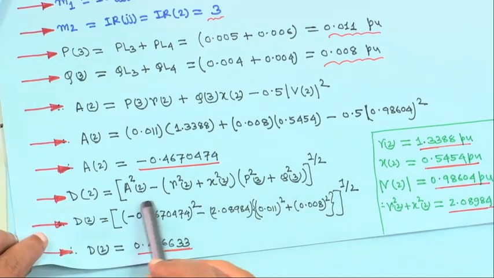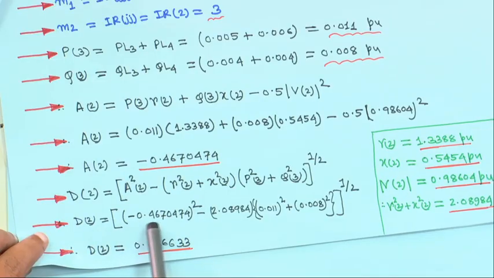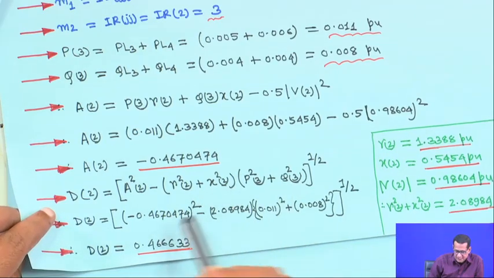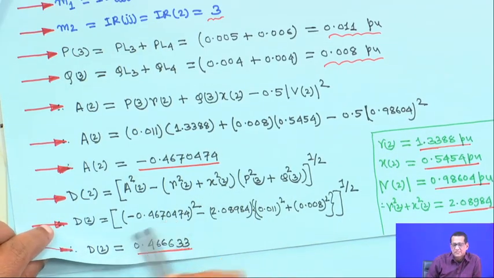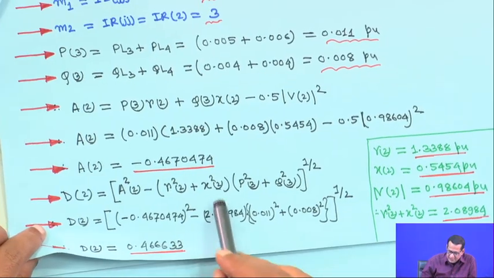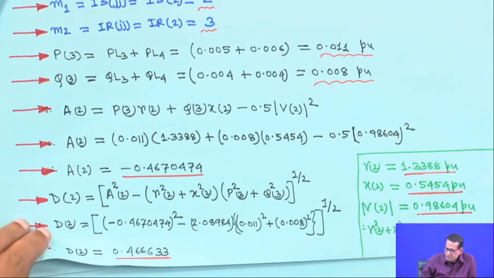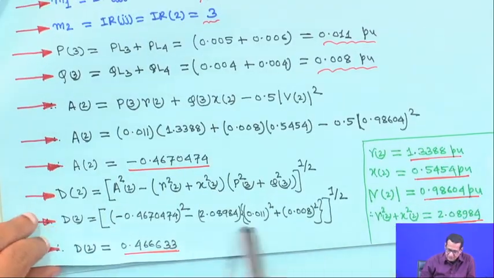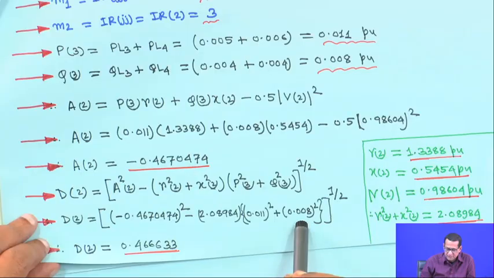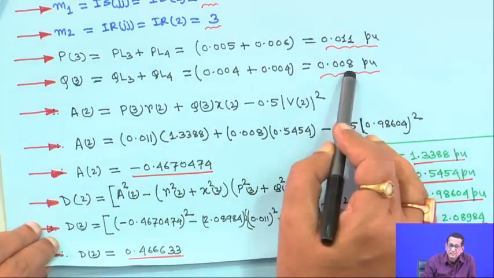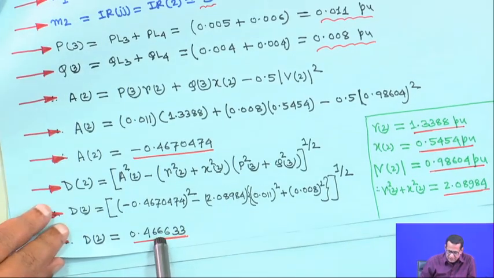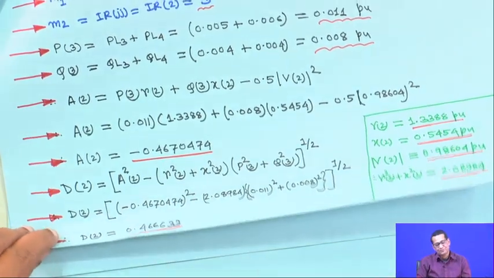Therefore, put all these values: D2 is equal to minus 0.4670474. When you do the assignment or an example, you will take only up to 3 or 4 decimals, not more than that. Minus R2 squared plus X2 squared, which I have computed here in per unit. So, substitute, and it is P3 squared plus Q3 squared; P3 is given, Q3 is initially given. So, D2 will be 0.466633. This is D2.